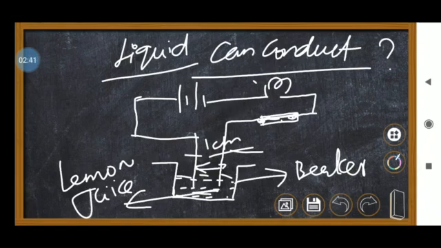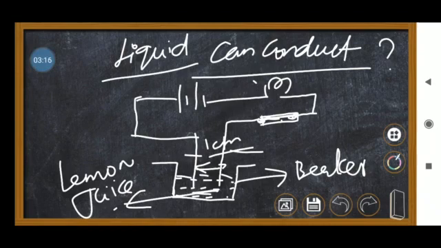So instead of lemon juice, if you take salt solution, salt poured into water, the bulb will glow very brightly, because you already know that salt is a good conductor of electricity. Likewise you have to take different kinds of solutions. For example, you can take salt, sugar, lemon juice, vinegar, and different fruit juices, citrus fruits also.